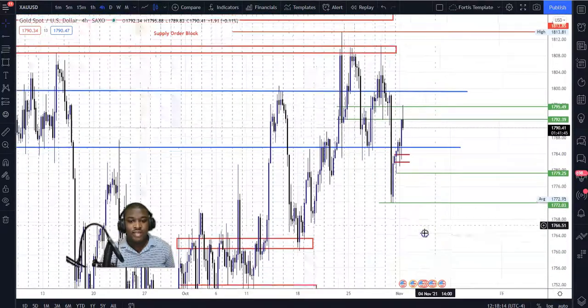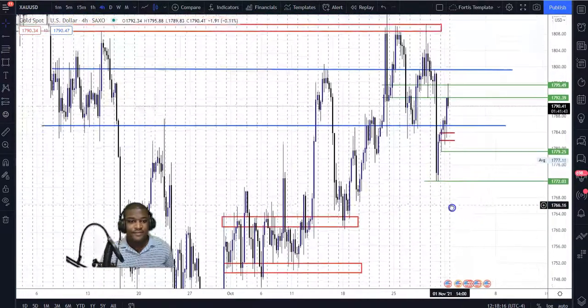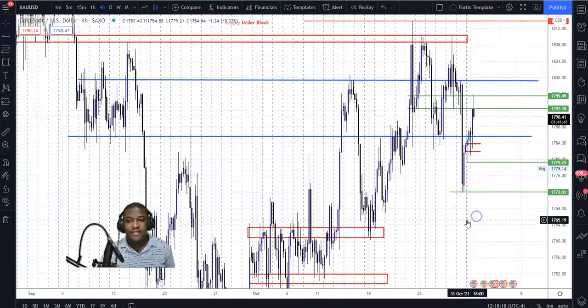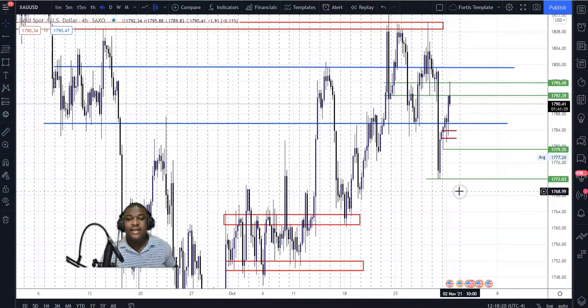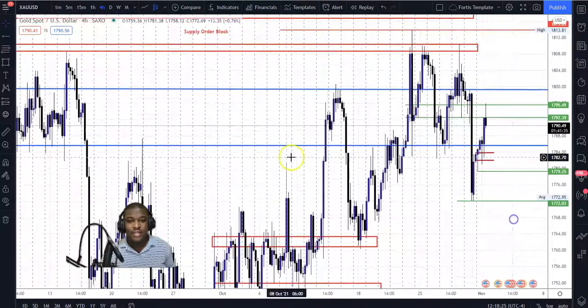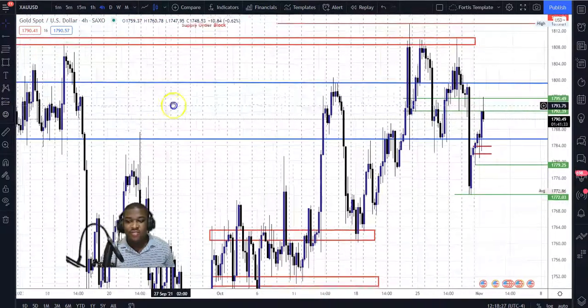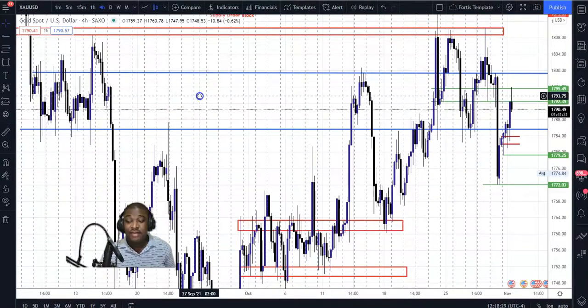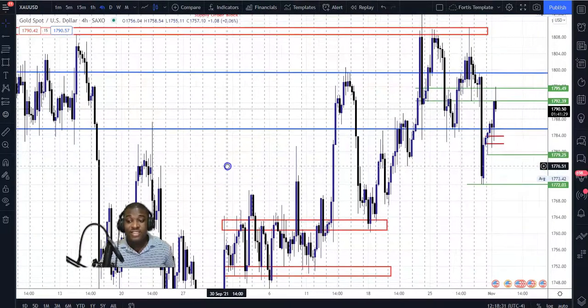But looking back at it, guys, and naturally there are going to be follow-up videos, this is how the entire market of trading Forex, especially gold, in response to supply and demand order block zones really plays out on the chart.